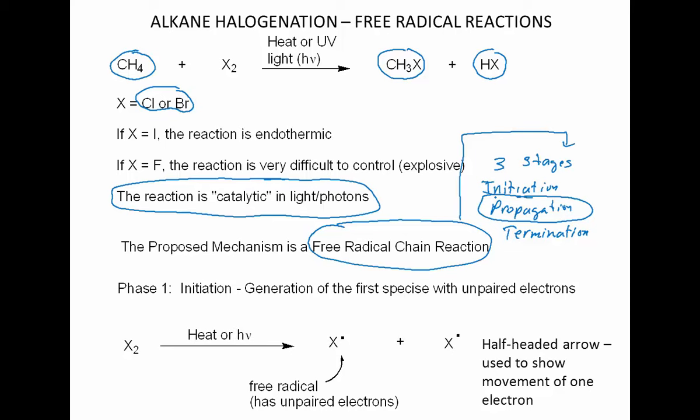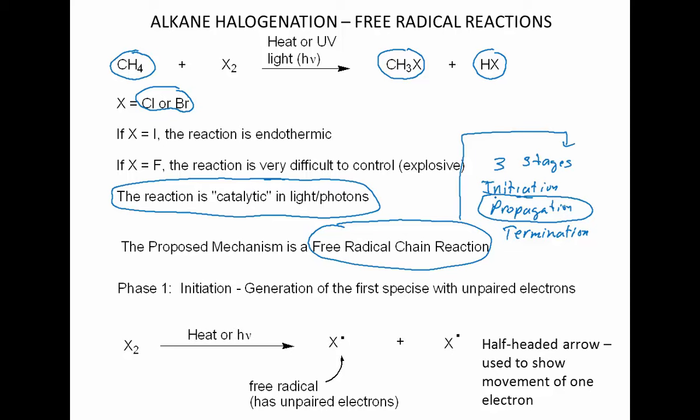The initiation is very important because most organic compounds have all of their electrons paired. So this is the process by which you generate the first unpaired electrons. And termination is kind of just the opposite of that. That's where all the unpaired electrons get back together and form electron-paired species.